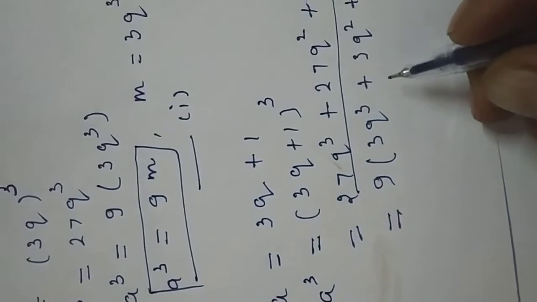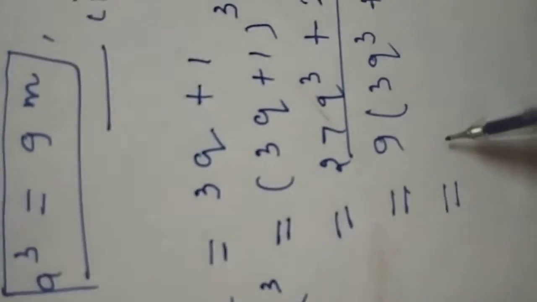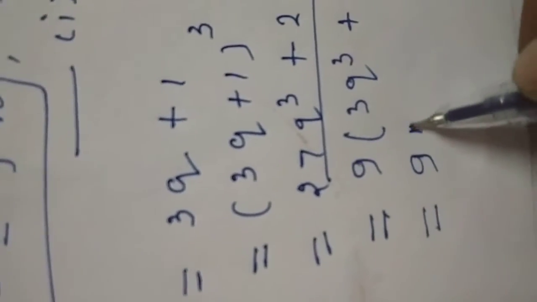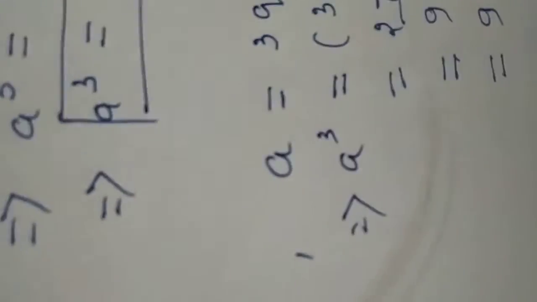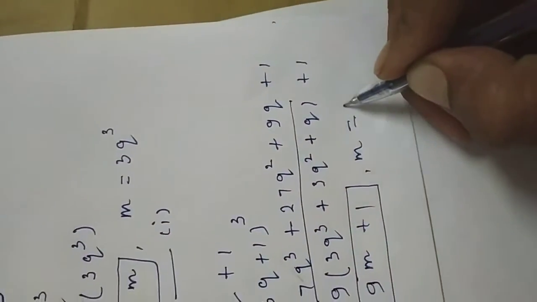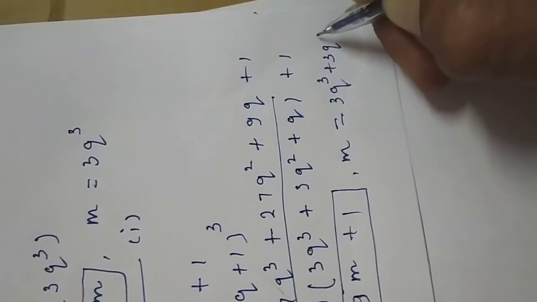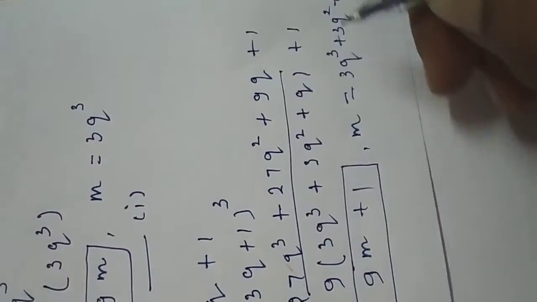Again, using the same concept we used in question number 4, a cube is equal to 9m plus 1, where we have supposed m is equal to 3q cube plus 3q square plus q.